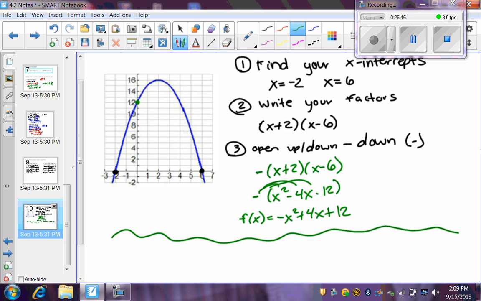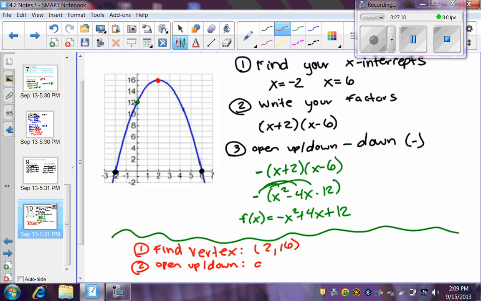The second method, first thing you want to do is to find your vertex. So in this case, the vertex would be at, looks like it's at 2, 16. Then you know, again, to look and see, does it open up or does it open down?